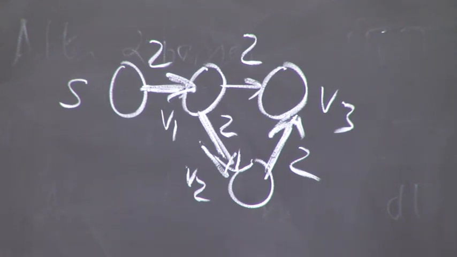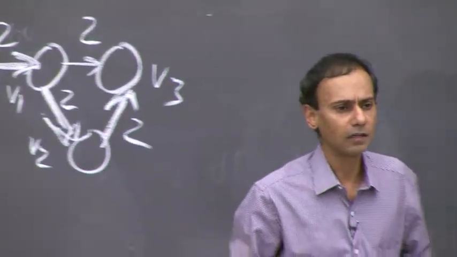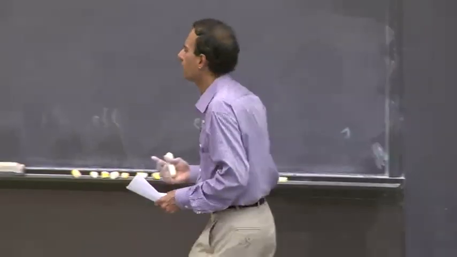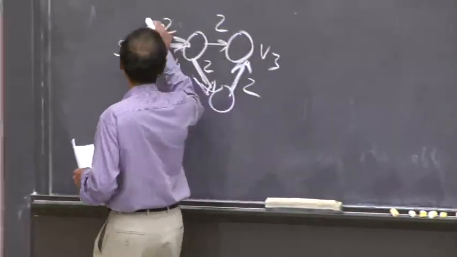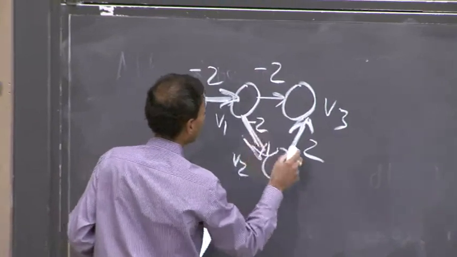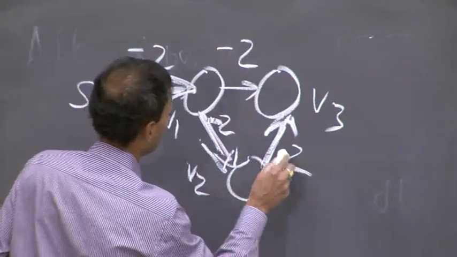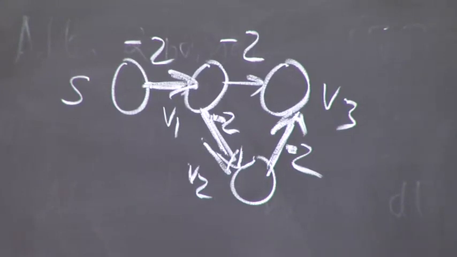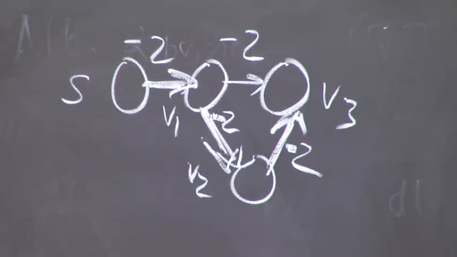What if I said, well, I can solve the longest path problem as well, given all of what I've learned about shortest paths, simply by negating each of these edges and running Bellman-Ford. What would happen? Yeah?